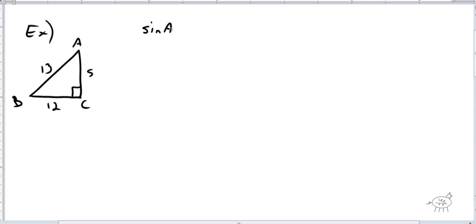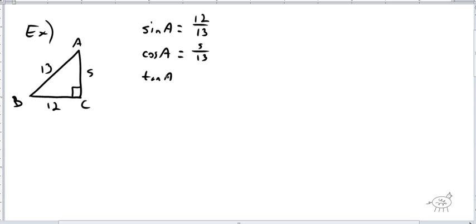So we have sine of A. We're just going to use SOHCAHTOA. It's opposite over hypotenuse, so 12 over 13. Cosine of A is adjacent over hypotenuse, so 5 over 13.